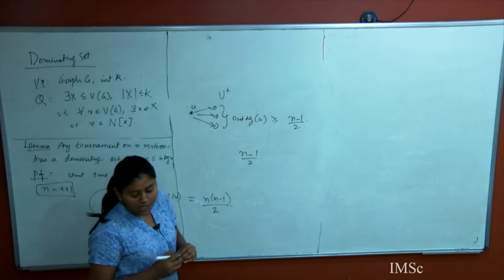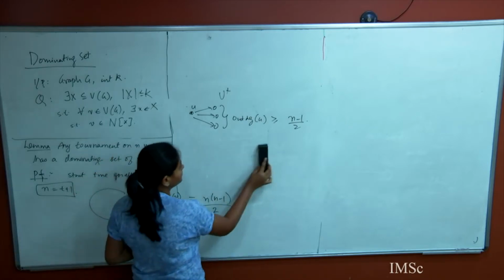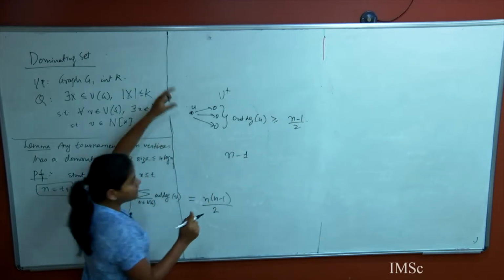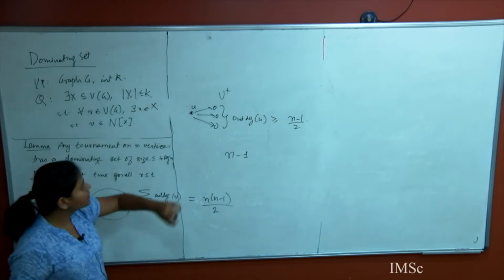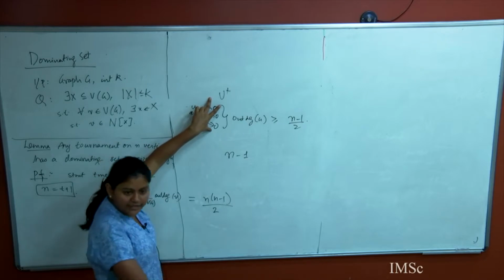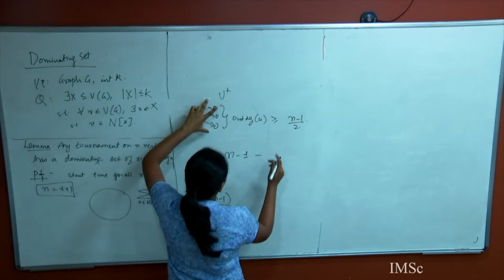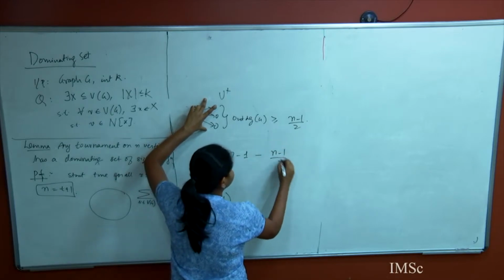You had n vertices. You remove u because you put it in the dominating set, and these are already dominated, so let us remove them as well. How many did you remove? At least n minus 1 by 2.